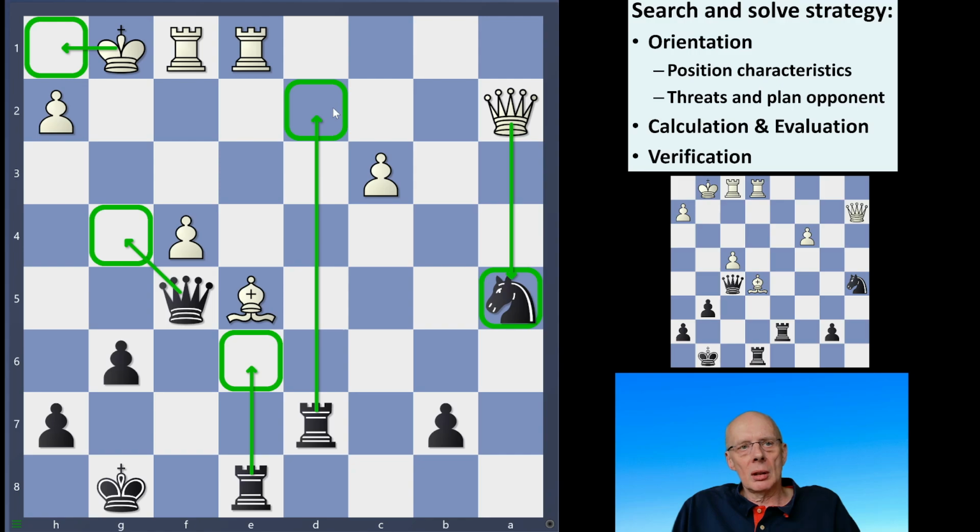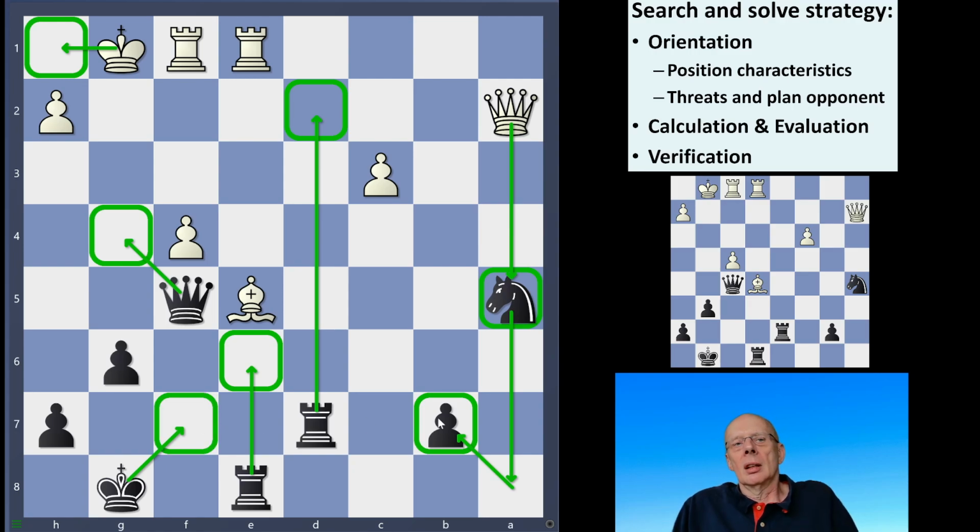And because the rook moved away from the back rank, suddenly white has to play queen takes a8, check, and the king goes to the 7th rank, and then we follow up with queen takes b7, and then the queen is defending the square g2.